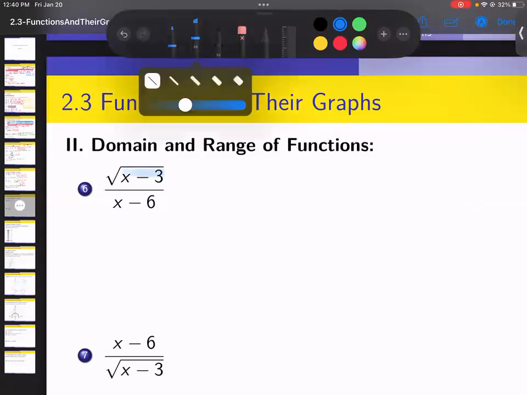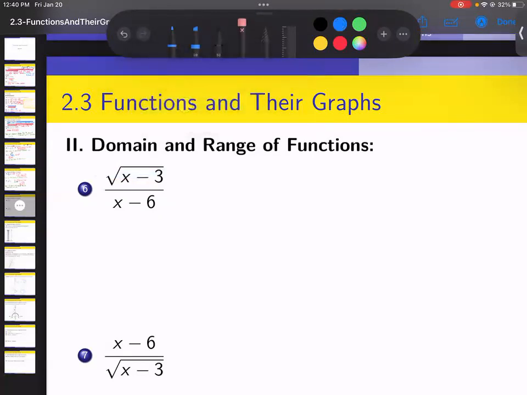Can I include 0 on the top? Yes, right. So that's my first restriction.